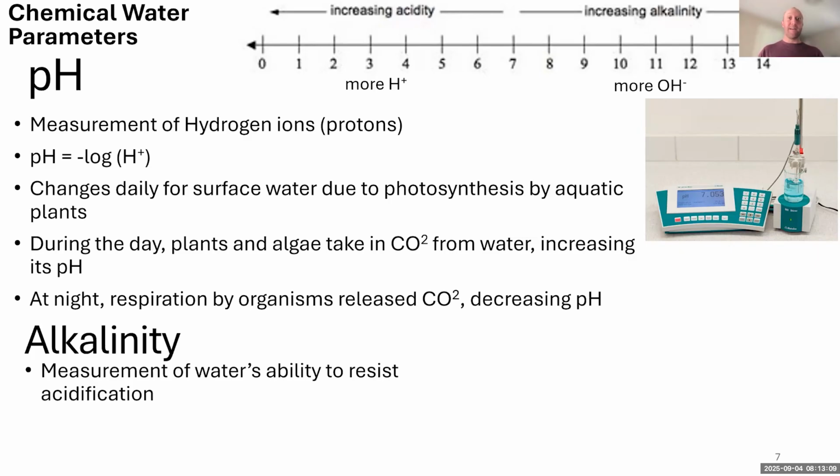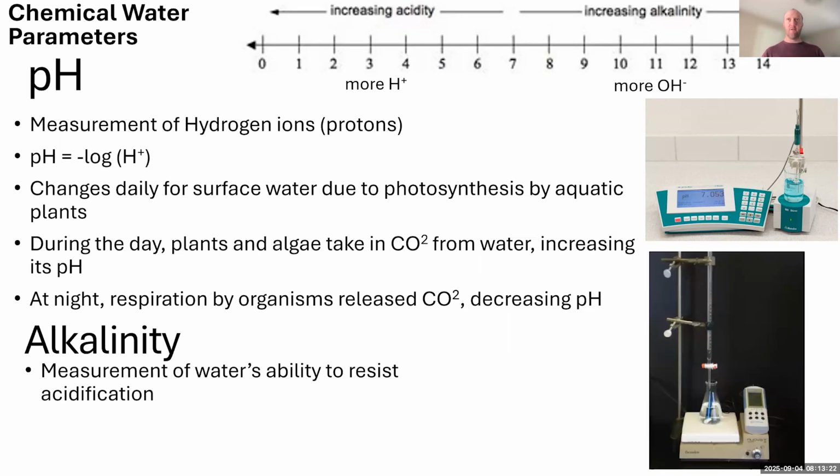Okay, and so how does that relate to alkalinity? Alkalinity is related to pH, but what alkalinity is actually a measurement of is the ability of water to resist acidification. This is measured through titrations. Maybe you did this at some point in a high school or college chemistry class. Basically, you have the water in a little beaker and you keep adding acid and you see how much acid you add before it gets to a certain pH.